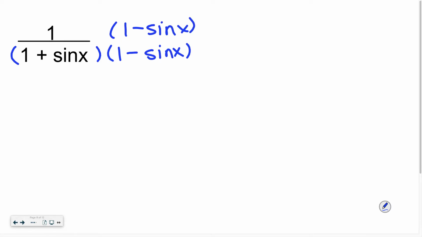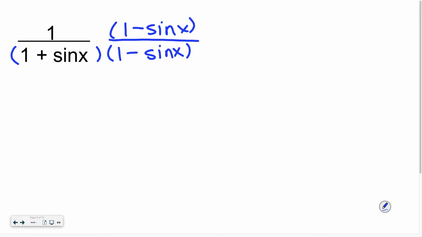We can't just multiply the denominator by something. We would have to multiply numerator and denominator by the same thing as to not change the value. But what do we call 1 plus sine of x and 1 minus sine of x? What's the relationship?